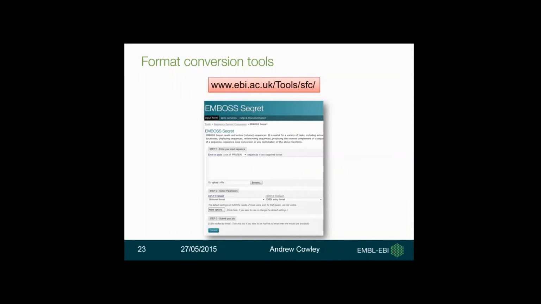If you want to convert your sequences from one format to another, we do have some tools available at www.ebi.ac.uk/tools/SFC, that stands for Sequence Format Conversion. And one of those tools, for example, is EMBOSS Seqret. It's a really simple to use tool that's very good at converting between different formats.